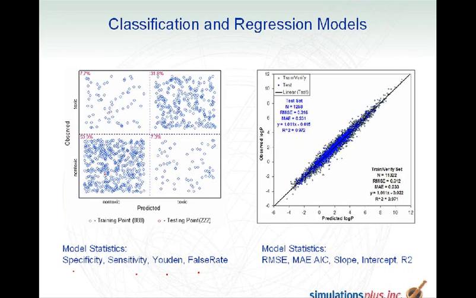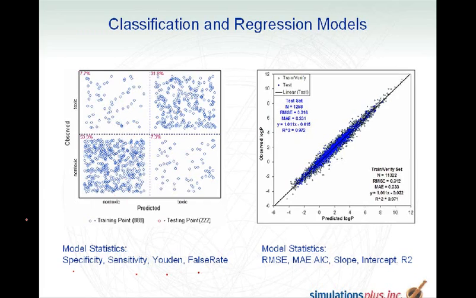So with specificity, we're looking at the number of correctly predicted negatives divided by all the observed negative values. Sensitivity looks at the number of true positives in relationship, or in the ratio, to all of the observed positives.